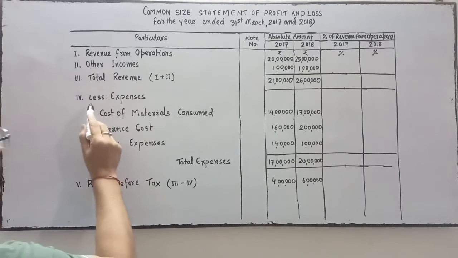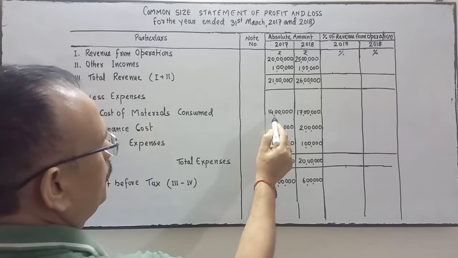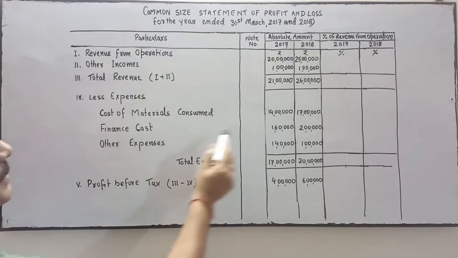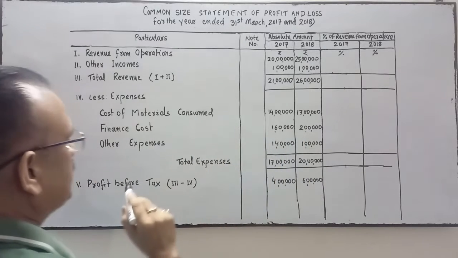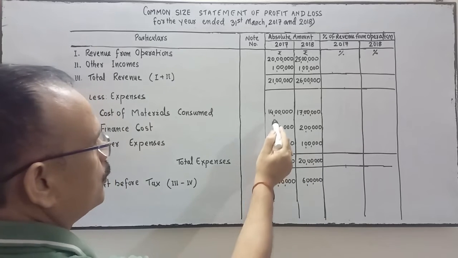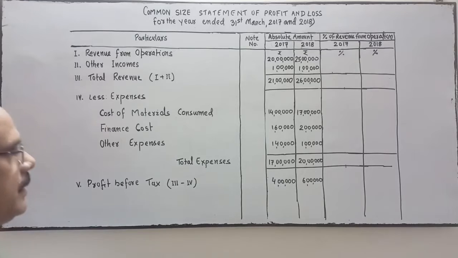Okay. Now less expenses. Cost of material consumed is 14 lakhs, and in 2018 it is 17 lakhs. Finance costs are 1 lakh 60 thousand and 2 lakhs respectively. Other expenses are 1 lakh 40 thousand and 1 lakh. Total of the three is 17 lakhs, and here it is 20 lakhs.